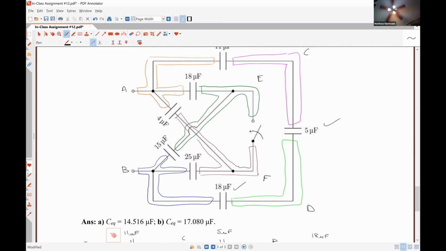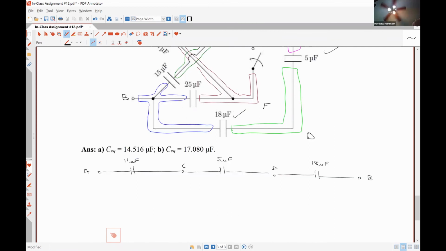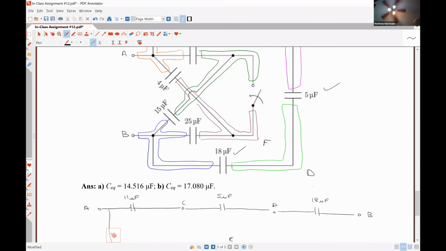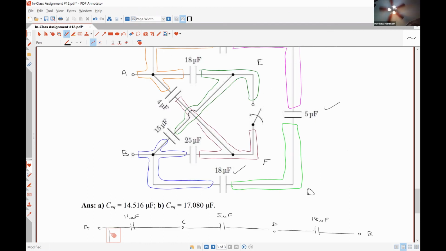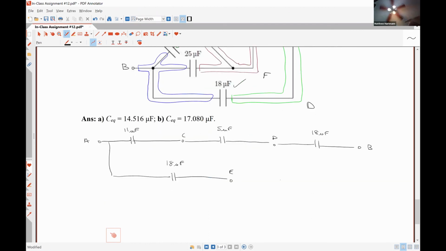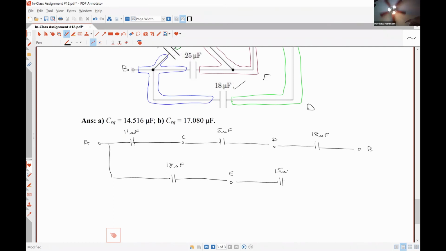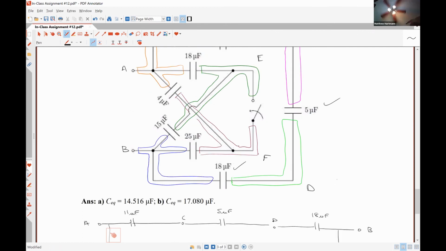Then I can go from A to E to B. So from A to E is an 18 microfarad. And from E to B is a 15 microfarad. That takes care of this guy and this guy.